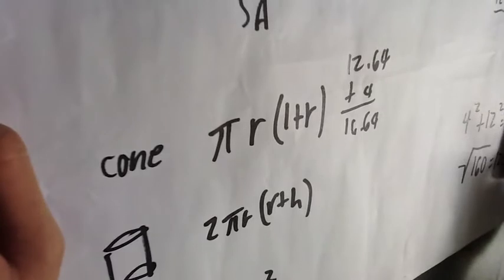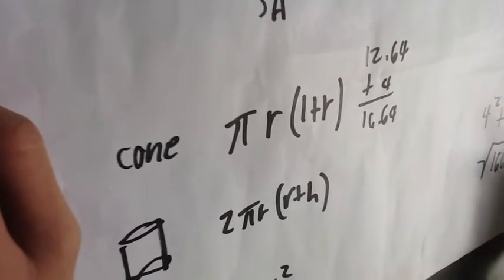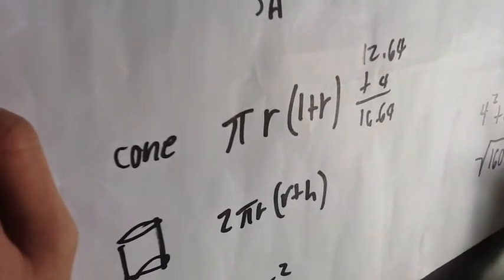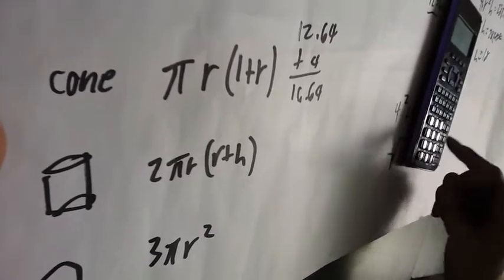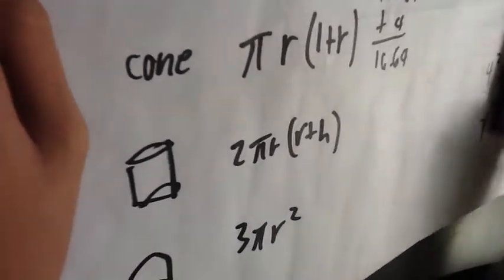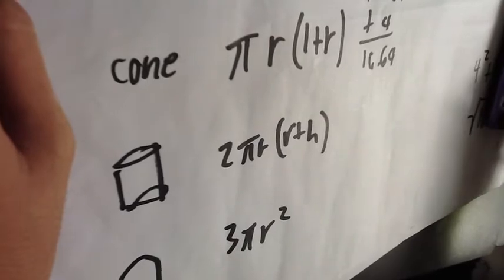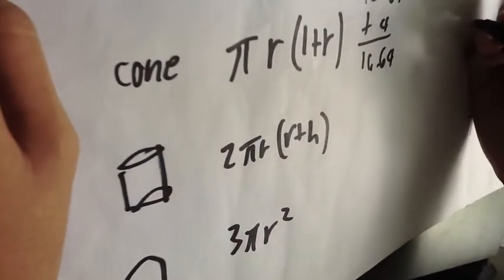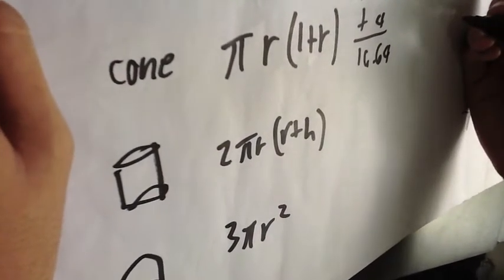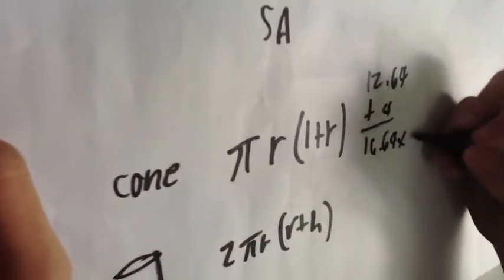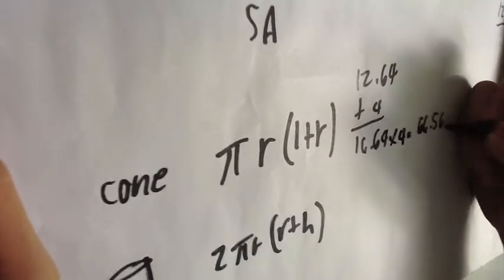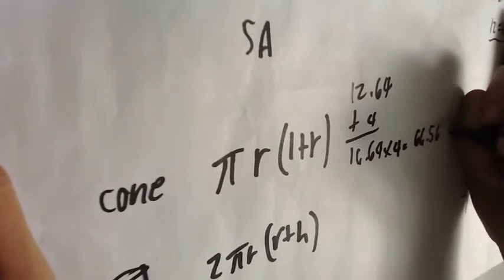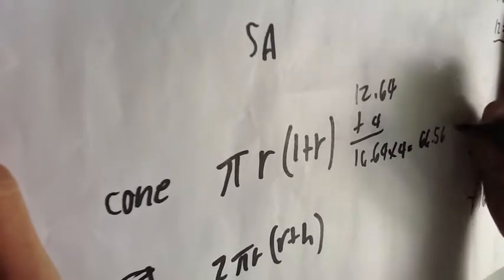And then we have to times that by 4. 16.64 times 4 is going to be 66.56. Okay, so that's the surface area of the cone.